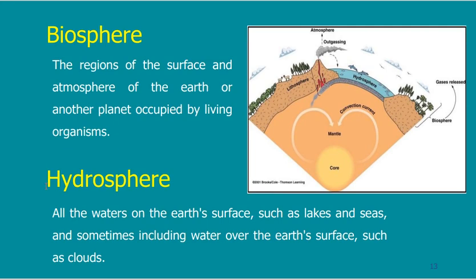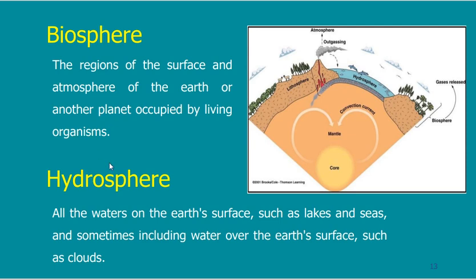From the name hydro, what does hydro mean? Water. So it means the part of the Earth that has water. Where can we find water? Oceans, rivers, and we have it in the atmosphere also. We have clouds. Clouds are water.